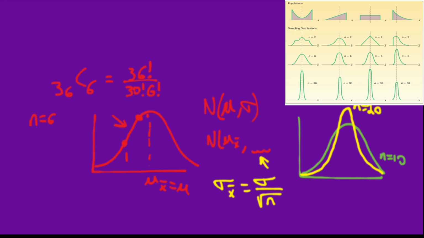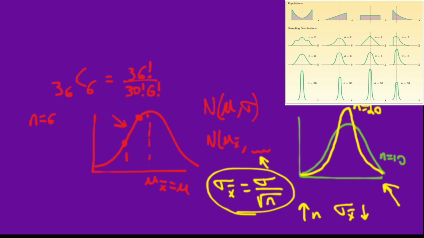The second part is that as we increase n, the standard deviation of the sample means goes down, and that's exactly what we see up here: as we increase the sample size, we get tighter and tighter. This is not too hard of a calculation, so we can quite easily find the standard deviation of the sample mean. Now we have the information to describe this normal distribution that falls out of the central limit theorem.